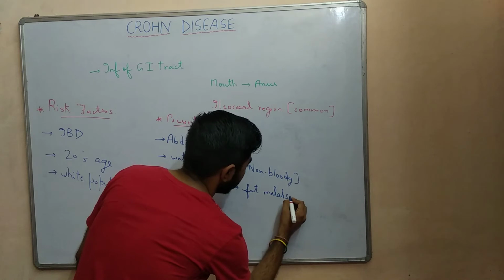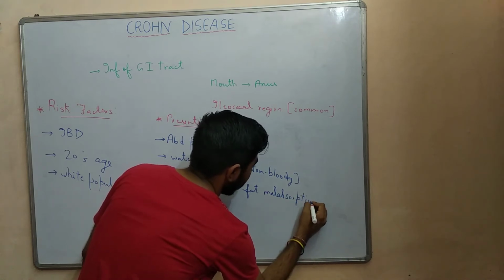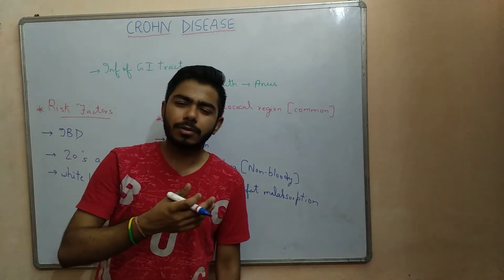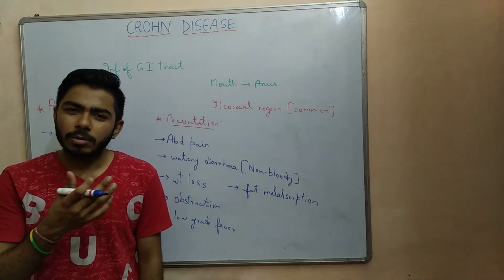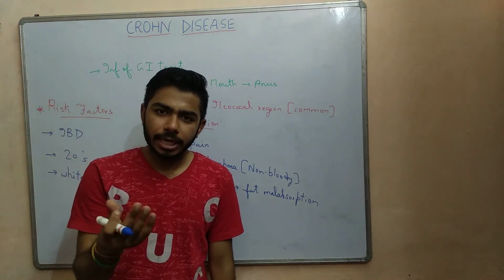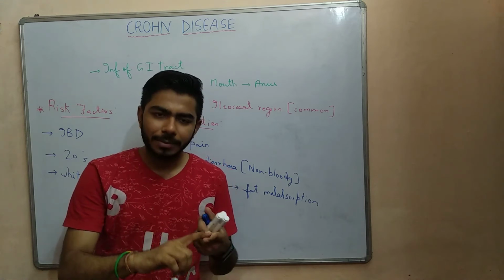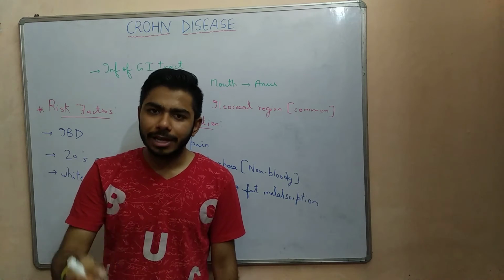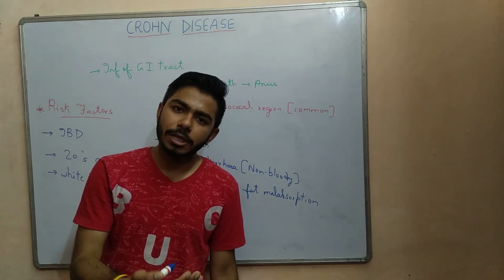If I am talking about fat malabsorption, what are the fat soluble vitamins? We have A, D, E, K. So, vitamin A, D, E, K deficiencies can be there, as well as zinc deficiency can also be seen.